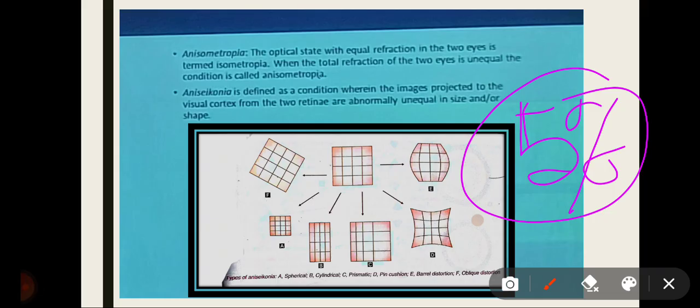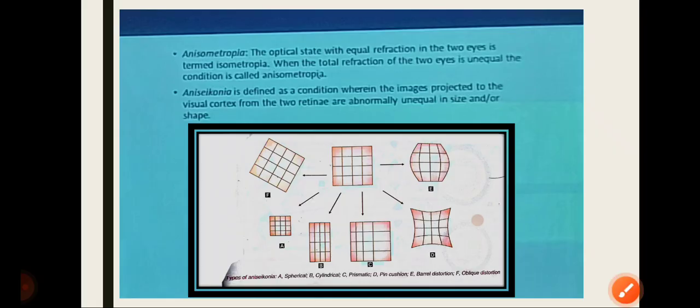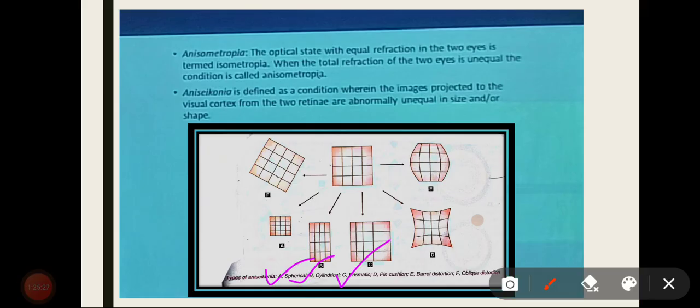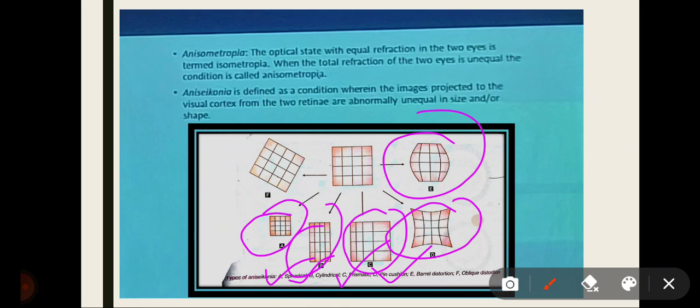So here are the types of aniseikonia. The clinical types are spherical, cylindrical, prismatic, pincushion-like, barrel-like, and oblique distortion.